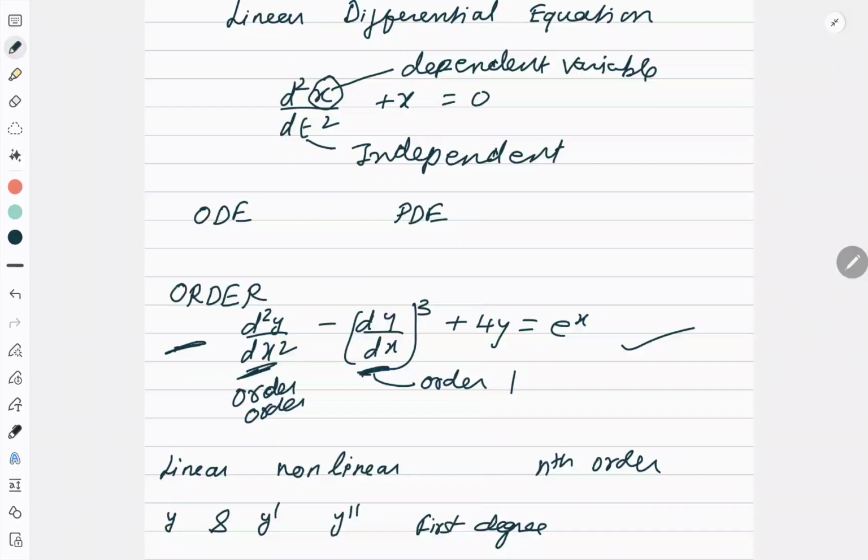The power of each term involving y is 1. Linear means 1. And the coefficients of these derivatives depend at most on the independent variable x.